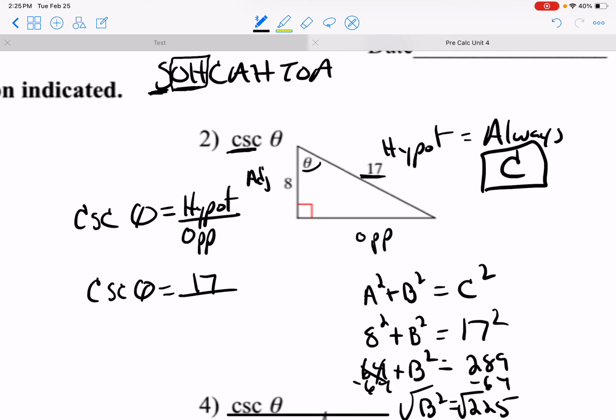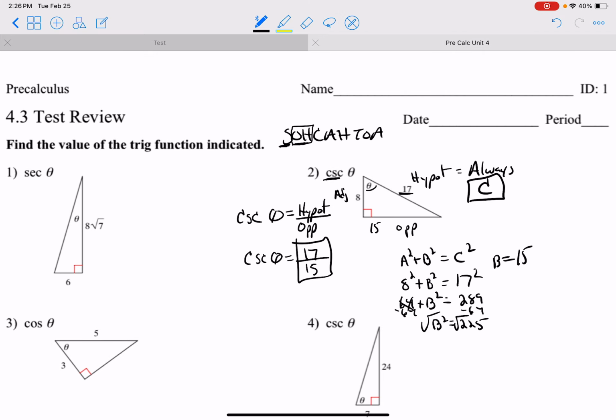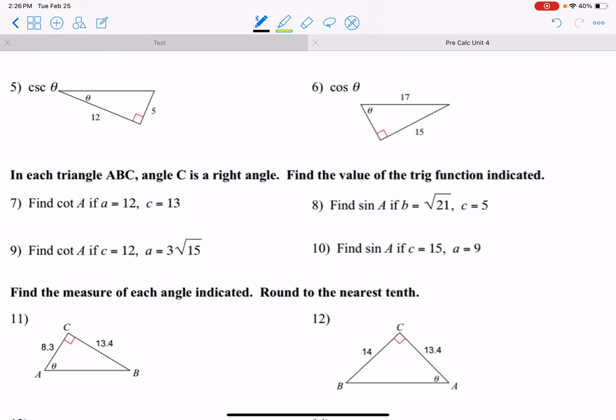Square root, b equals square root of 225, which is 15. Okay? So the opposite is a 15, which means the cosecant is 17 over 15. One down. All right, let's look at one in the next section.